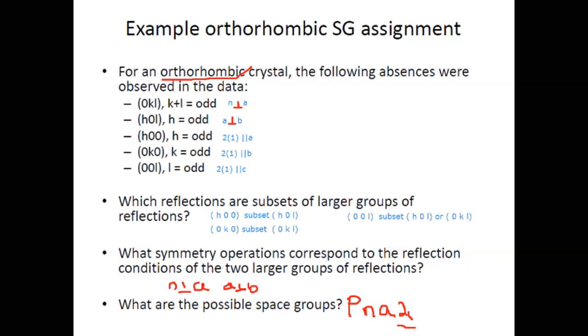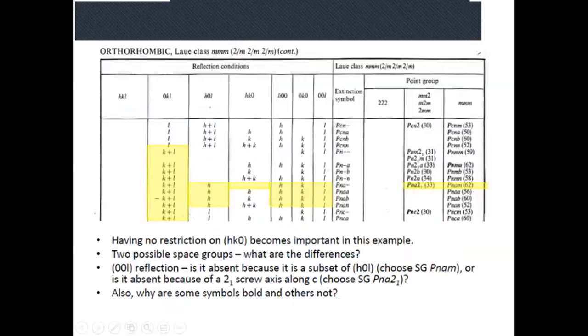So let's see if we're right. So let's clear this. So the 0KL where K plus L is odd, all of these meet that condition. The H0L where H is odd, these four space groups meet this condition.